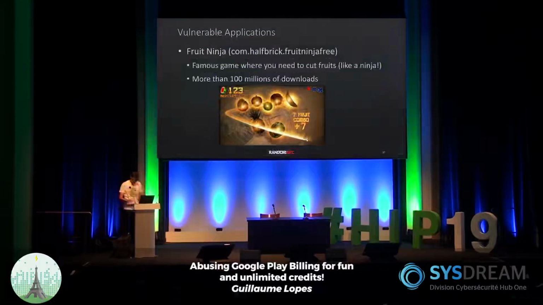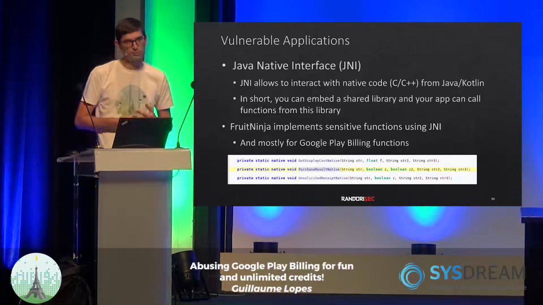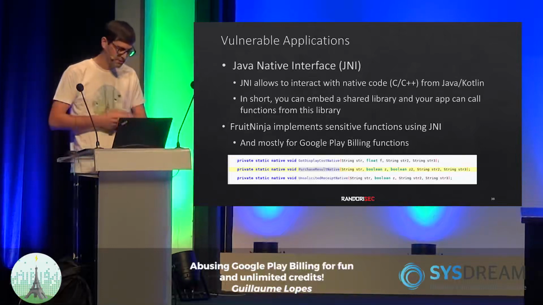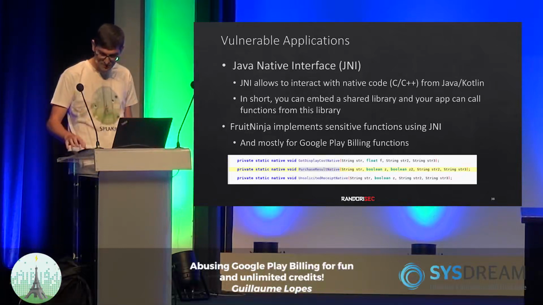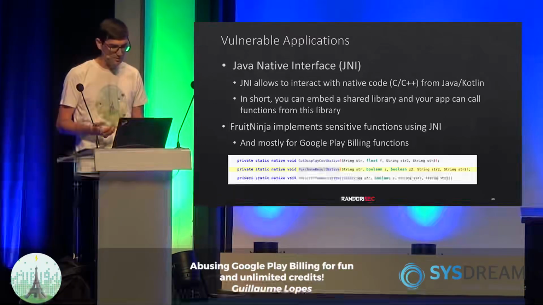Okay, so the last one is Fruit Ninja, which is also a famous game, with more than 100 million downloads. And this one is, we can say, more secure, because they use the Java Native Interface. If you don't know what the Java Native Interface is, in fact in an Android application you can embed native code. It means you can embed shared libraries.